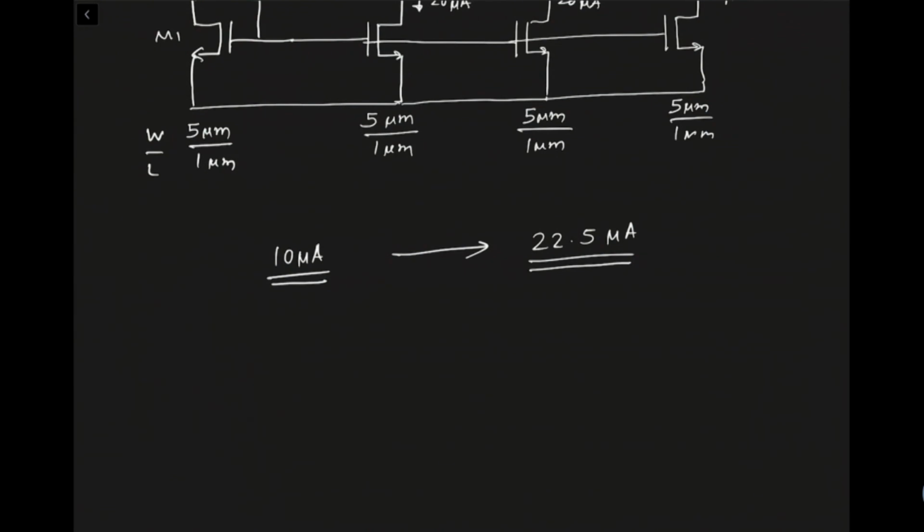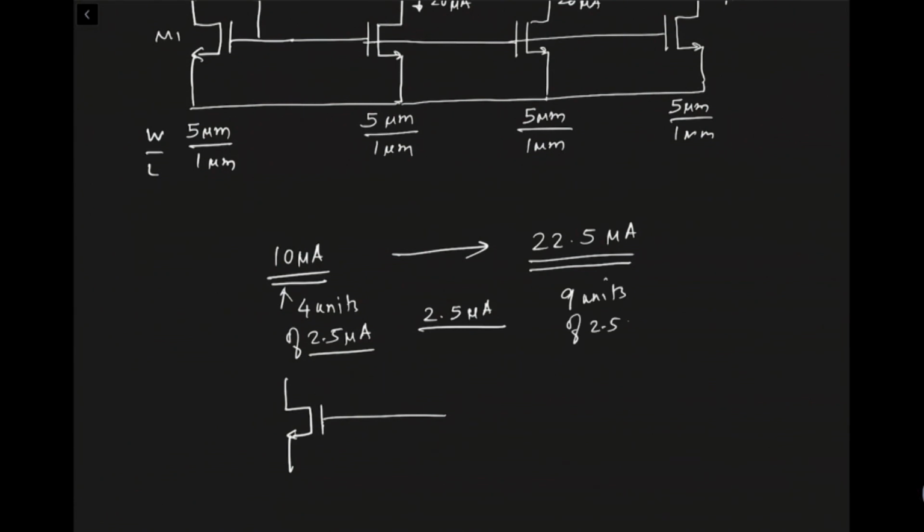So you can see the common factor is 2.5 microamps. I can make one transistor unit which will carry 2.5 microamps, and in this particular case this will be 4 units of 2.5 microamps of current, and then here it would be 9 units of 2.5 microamps.